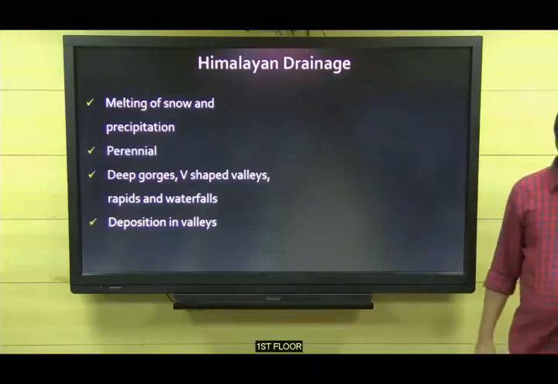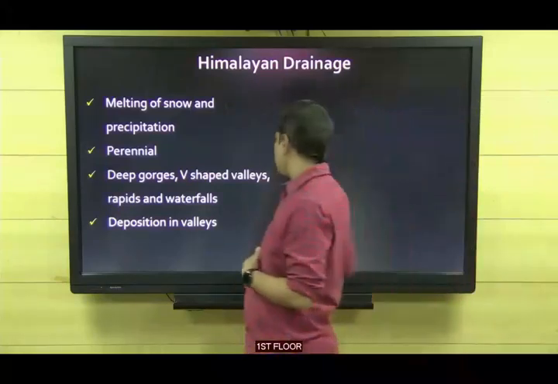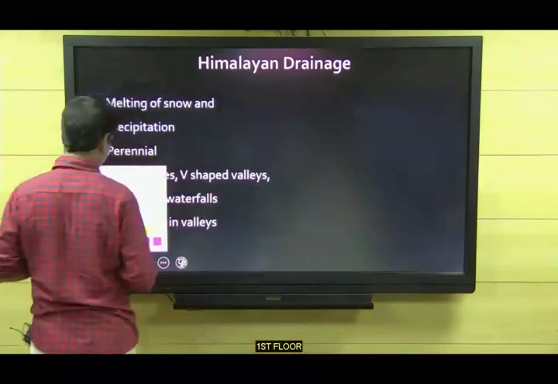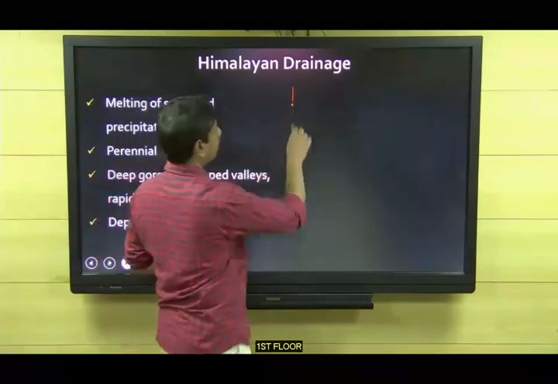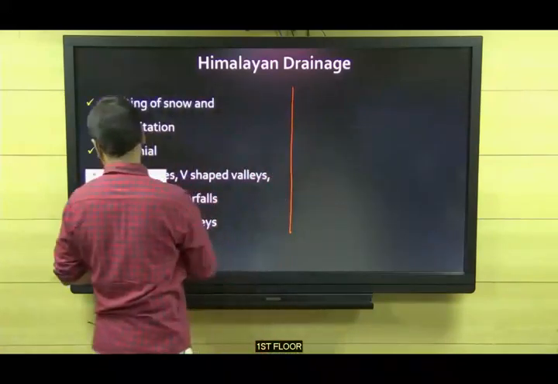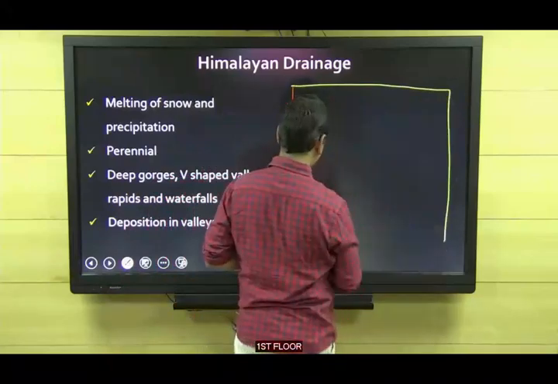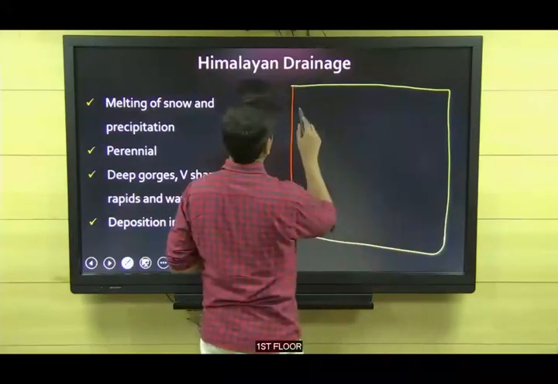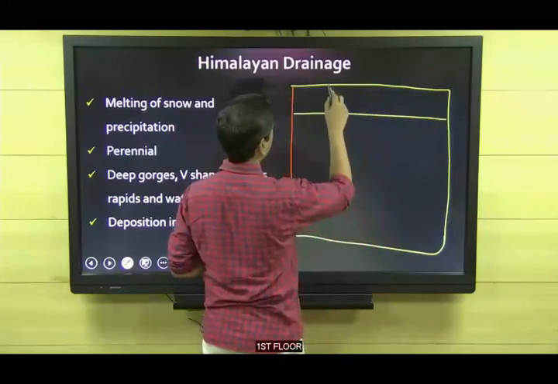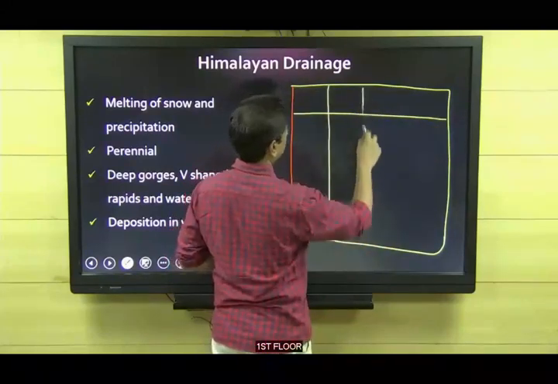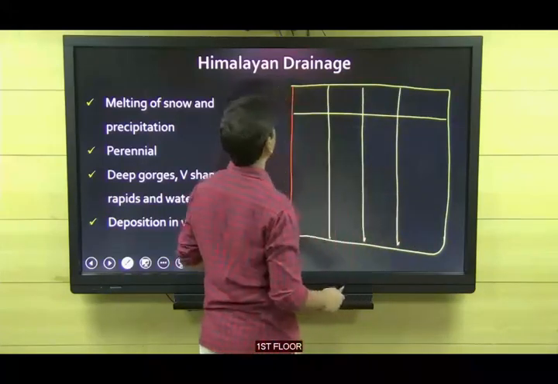So that is one way of learning. Another way of learning rivers is that you can draw a tabular column, or take an Excel sheet and do this if you are good at using the digital format.